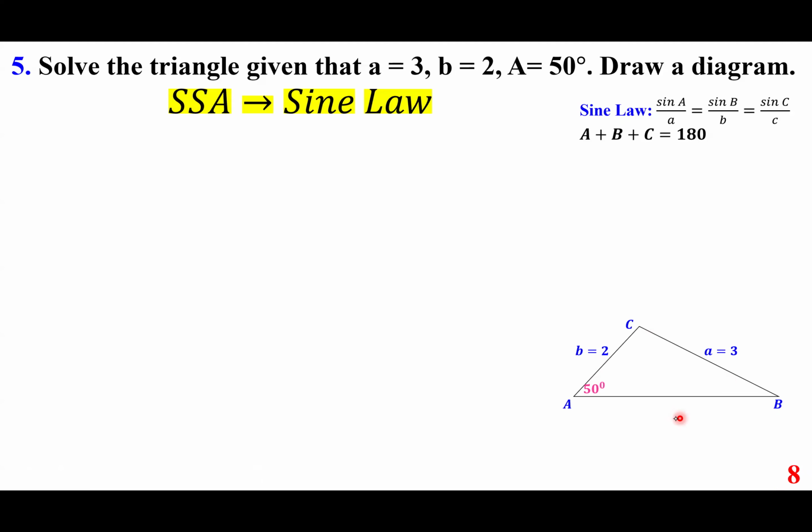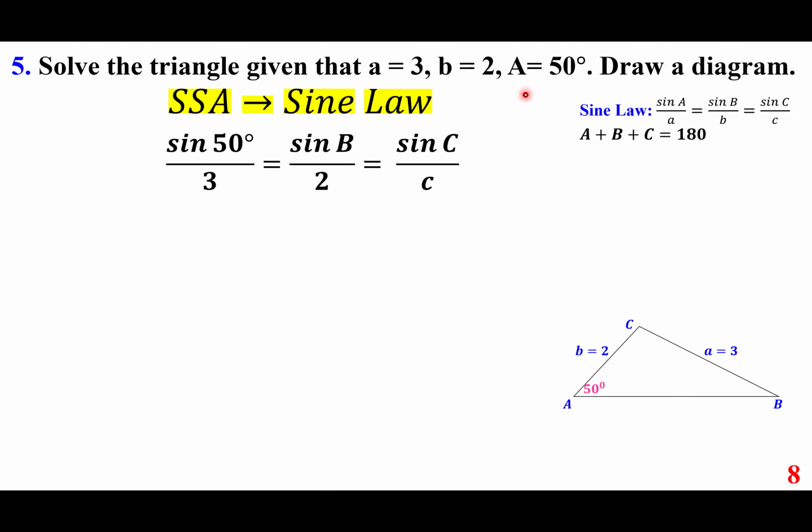So obviously, we're going to say sine of 50 over a, which is 3. So we're going to go with that, right? Sine 50 over 3 equals sine B over 2 equals sine C over c, where both of them are missing. These two are missing.